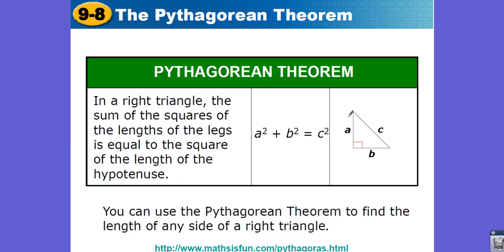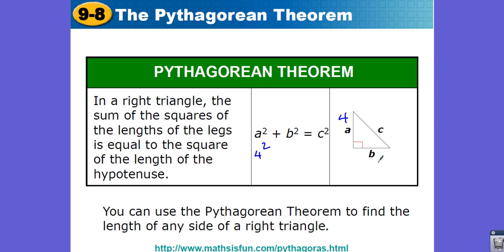So in other words, if I take whatever number this happens to be and I square it, I take this number right here and I square it. If I were to add these two numbers together, squared, I'm going to get this side here squared. So that's what a squared stands for. If this were a 4, then I'm going to do 4 squared.